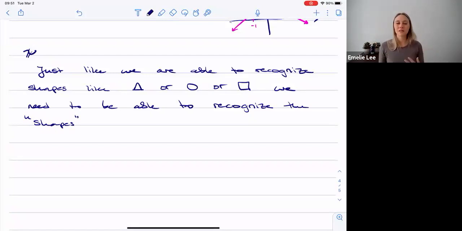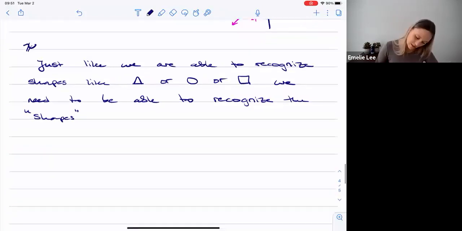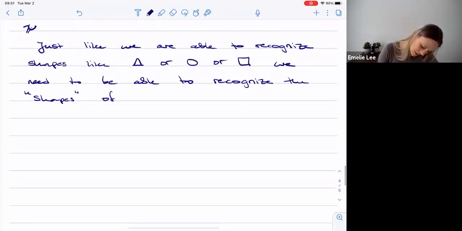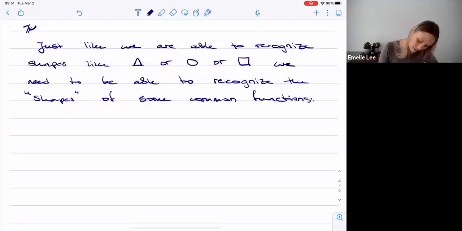Of course, it depends on a couple of things, but the general shapes will always be the same. Need to recognize the shapes of some common functions. Okay.